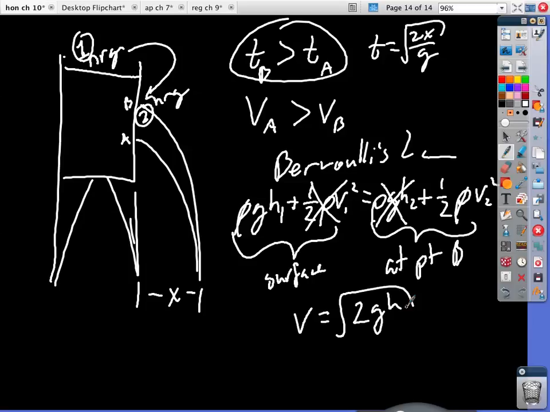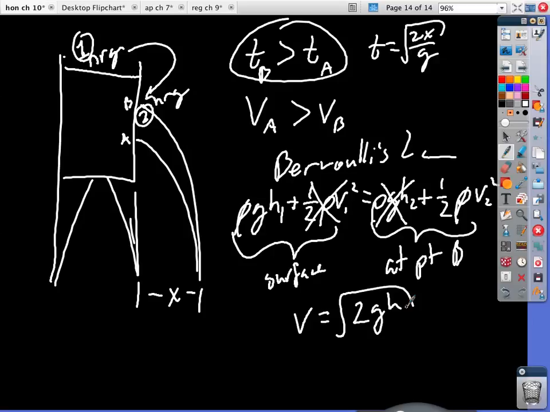But because it's closer to the surface, it's farther from the ground, which means it has a longer time to fall. And so what ultimately happens is the lower velocity falls longer, which makes it land at x. Whereas here, the higher velocity falls a shorter amount of time and also lands you at x. That's why that could work.